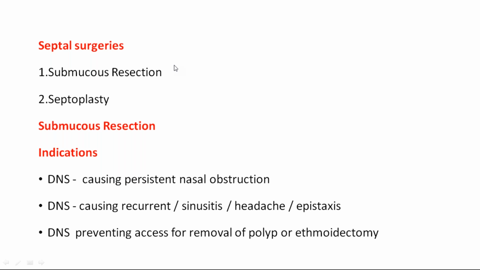So saddle nose deformity, supratip deformity, columellar retraction, flapping septum and septal perforation are usually seen in submucosal resections, and rarely, almost never, in septoplasty. So these are a few differences to go with, along with the incision.